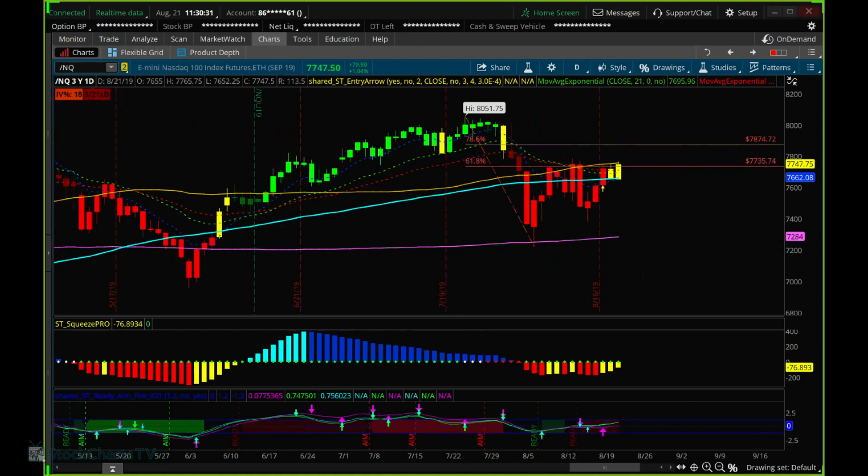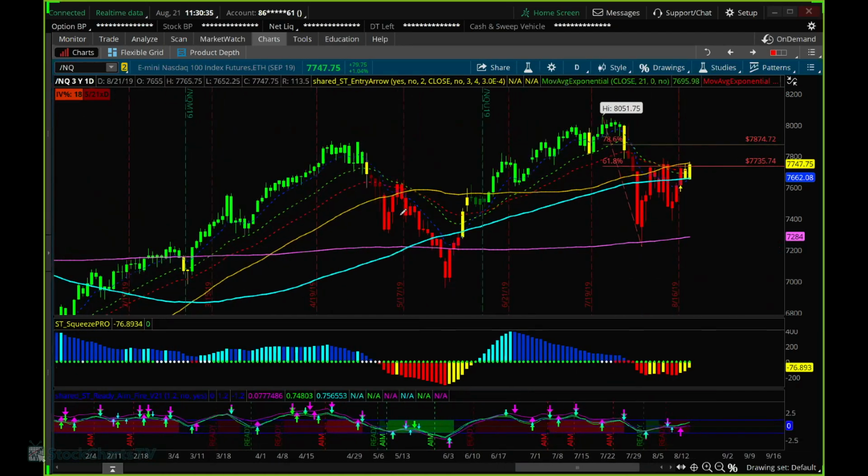When you look back to what we went through back in May, we went down, we took that initial move to the downside, and then we bounced like you drew. When we went back down and tested that bottom again, we really didn't see much of a bounce. We really just hung there for a day or two, and then we lost that support.